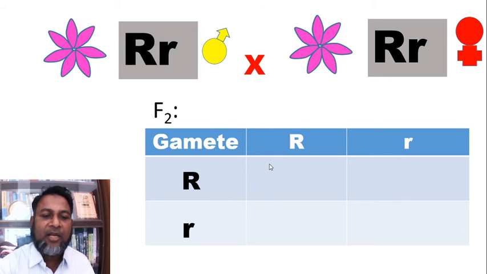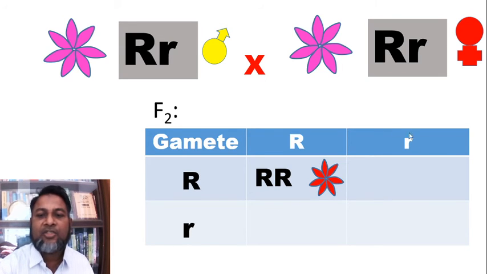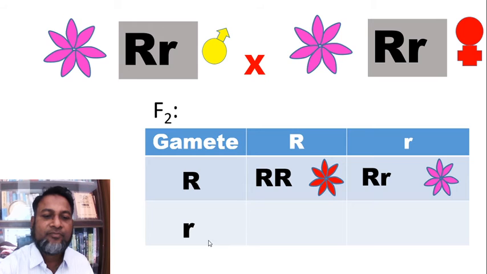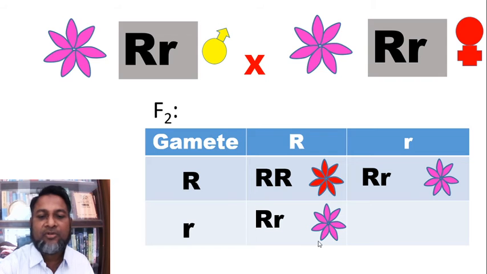When capital R and capital R mate, they produce red flower. When capital R and small r mate, they produce pink flower. When small r and capital R mate, they produce pink flower. When small r and small r are fertilized, they produce white flower.